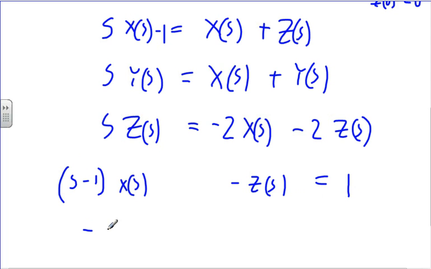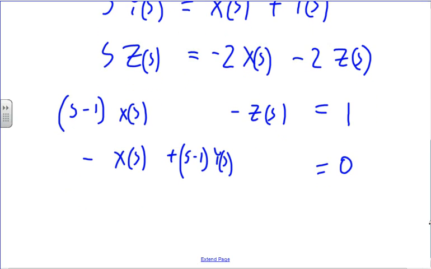And I'm going to write it minus x of s plus s plus 1 y of s, s minus 1 y of s is equal to 0.